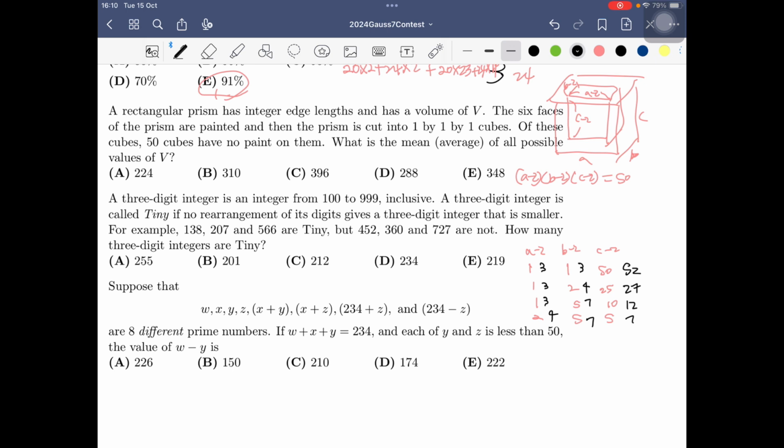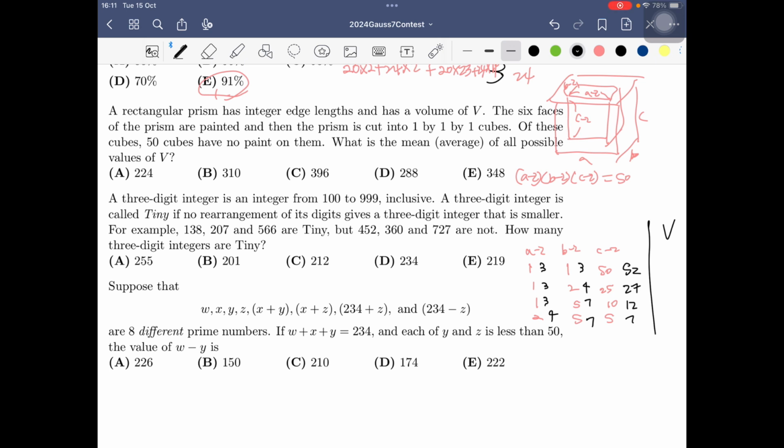So the original volume will be 9 times 52. I'll just calculate it directly here: 9 times 52 plus 12 times 27 plus 21 times 12 plus 4 times 49, divided by 4, because we need to find the average.